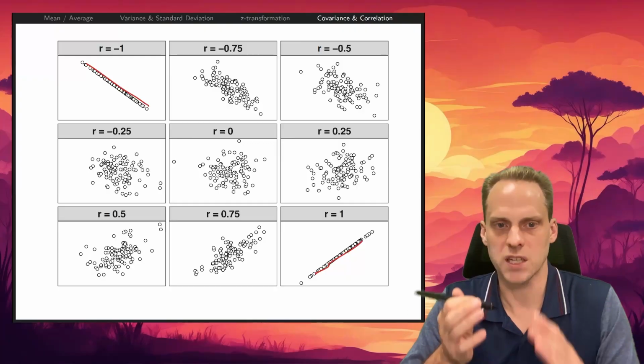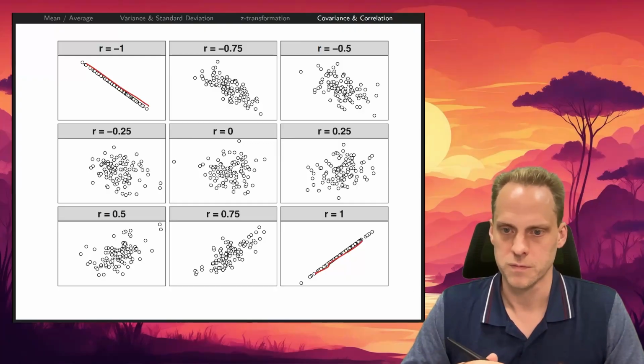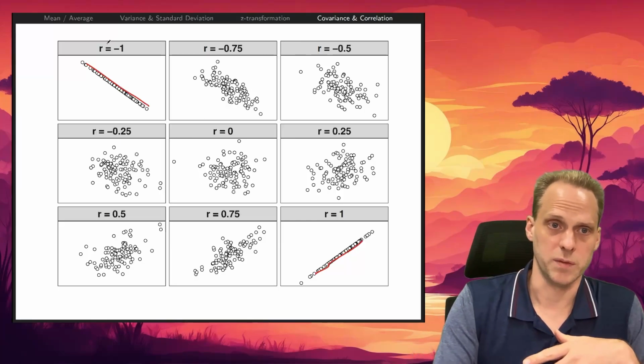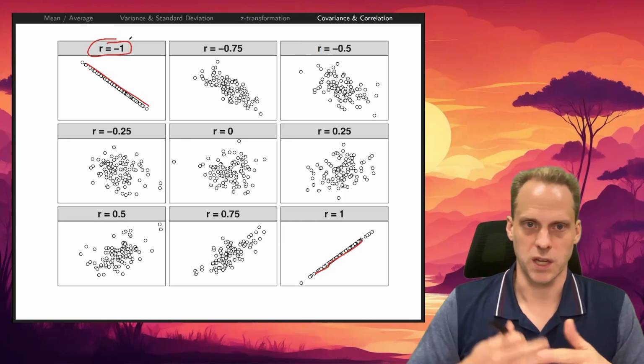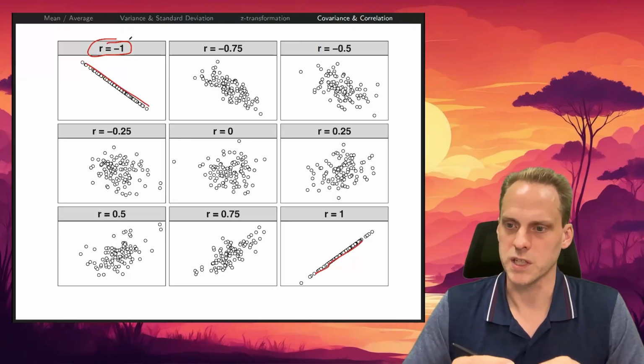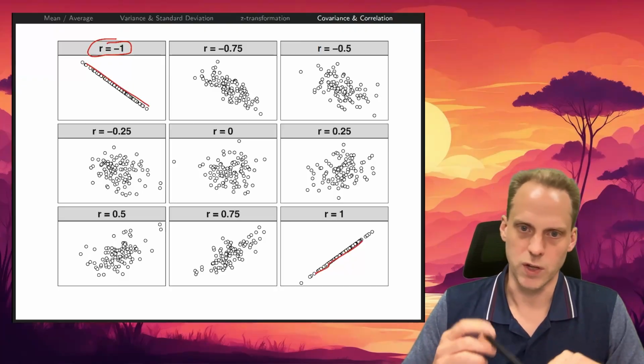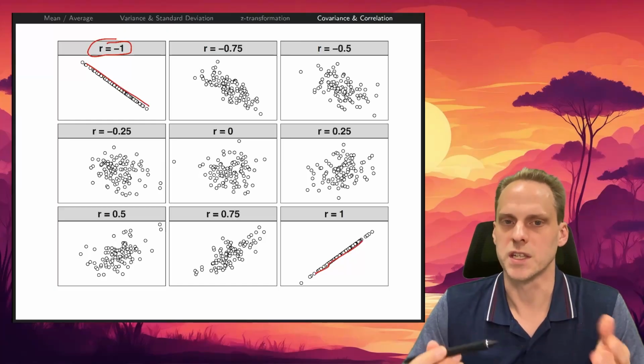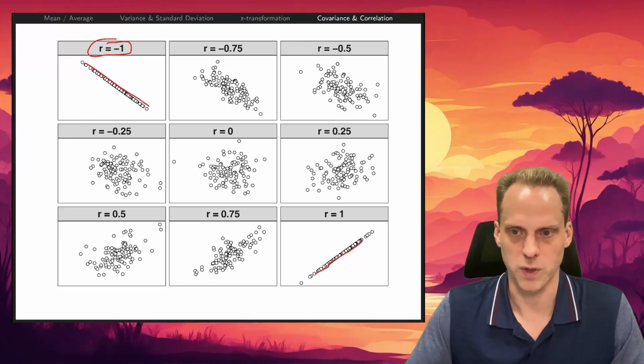It is in a sense the same variable. They might be on a different scale, or if it is -1, one variable is like the opposite of the other, a reordered variable, but it's exactly the same variable. If you know one, you know the other perfectly. So that's not that interesting actually. You would not expect ever to get a correlation of 1.